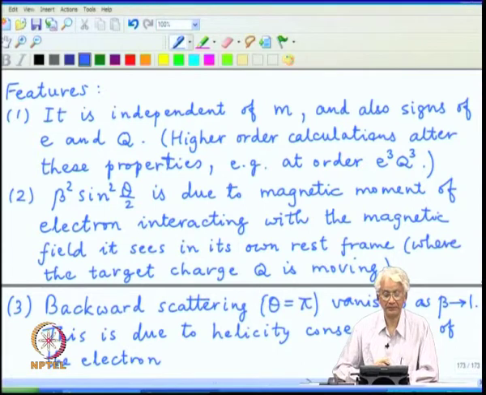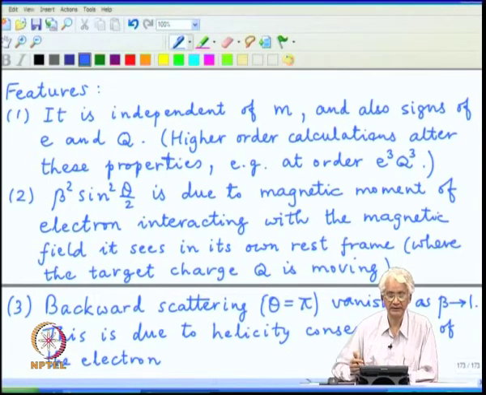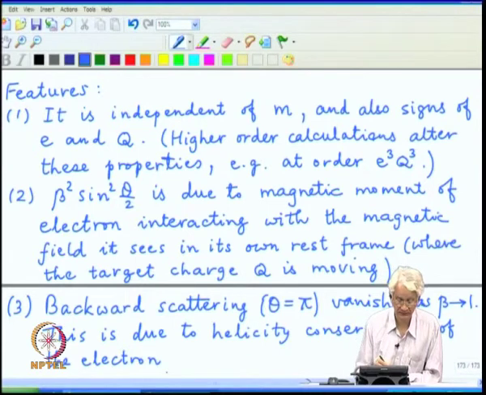There is no mass term which connects the two, it is negligible, and as long as the electron has a fixed helicity, it can't scatter backwards, because backward scattering means the spin will remain where it was pointing, the angular momentum is conserved, but the momentum direction reverses. So, backward scattering corresponds to a change in helicity. If helicity is conserved, that contribution must vanish.